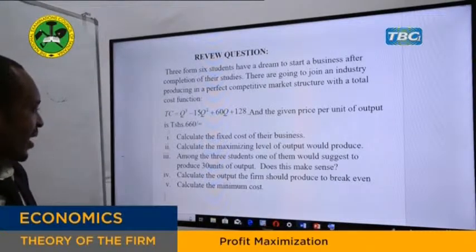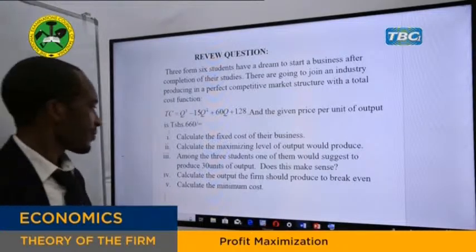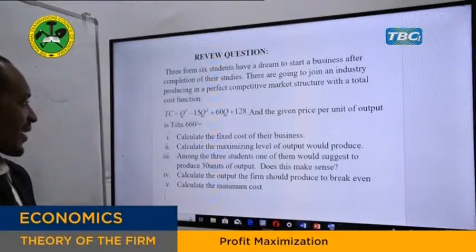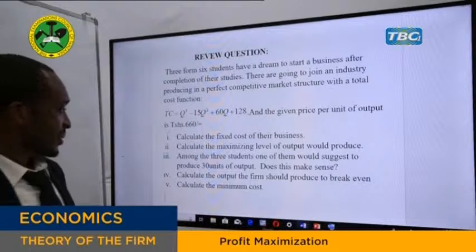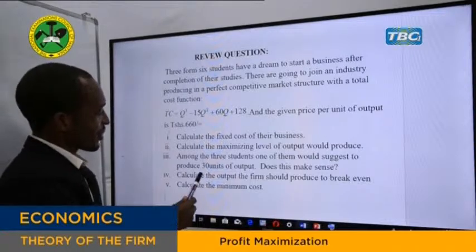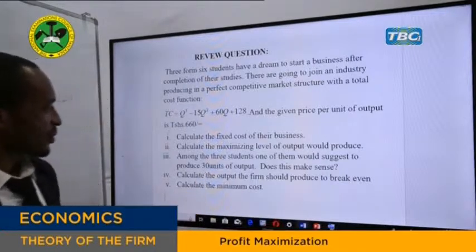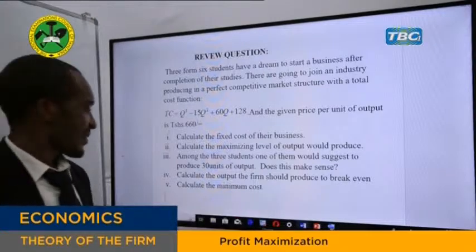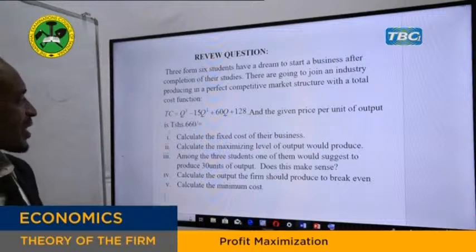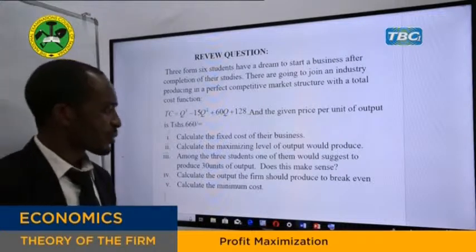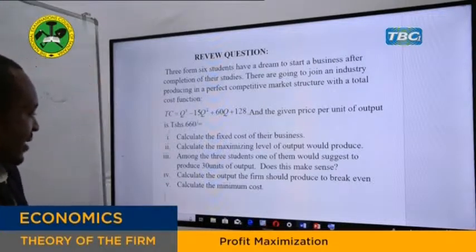When you simplify, the marginal cost will be equal to 3Q squared minus 30Q plus 60. So 0 times this one will be 0.